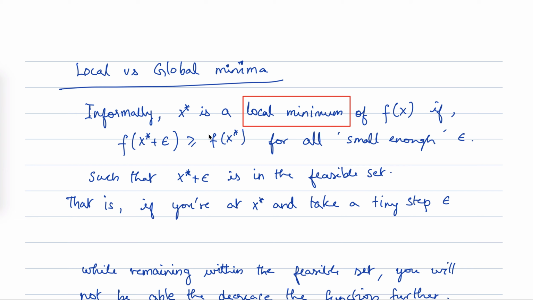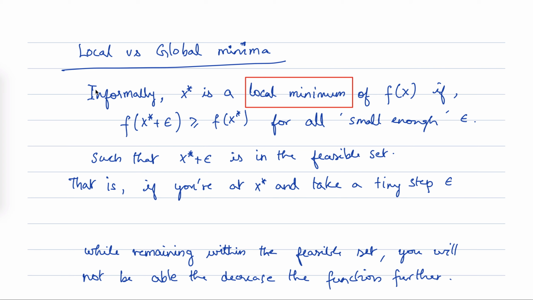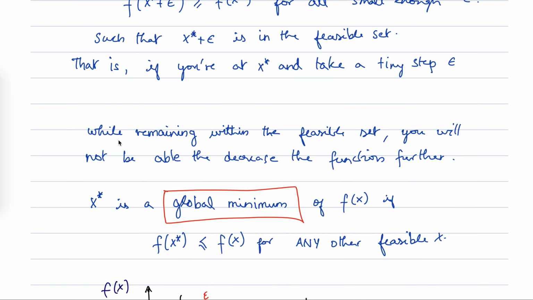It can be equal to or greater than the function value at x star, and that's really all we mean by local minimum. And the local part has to do with the fact that you're taking a tiny step away from x star. Okay, so that's called a local minimum.